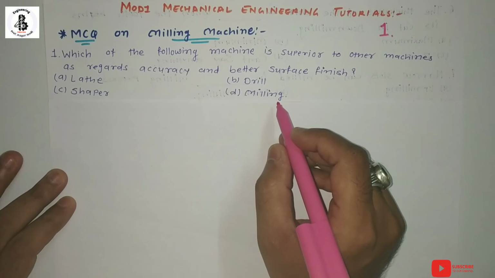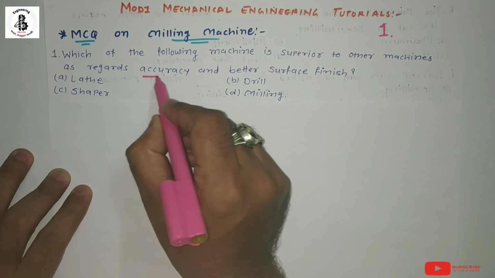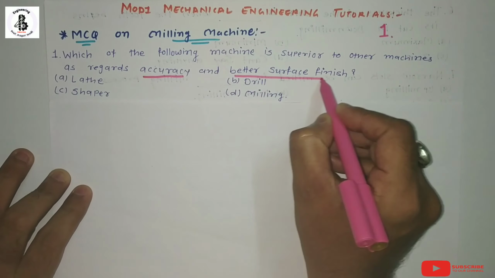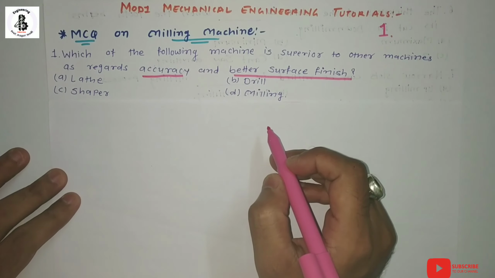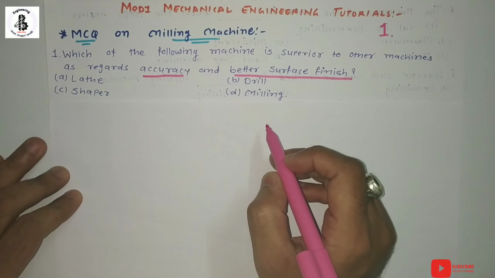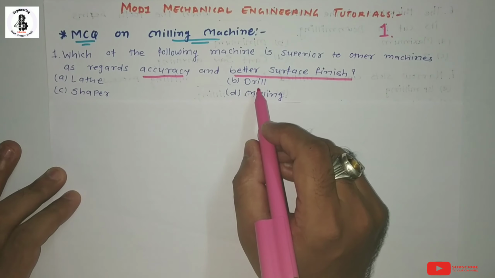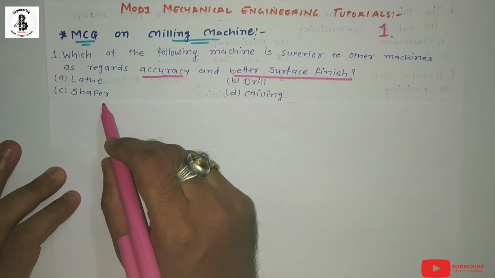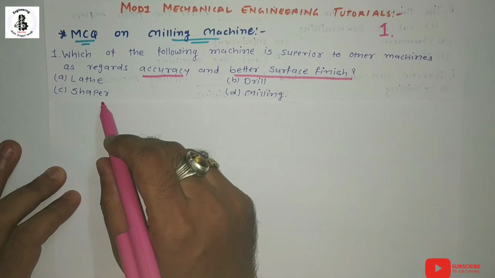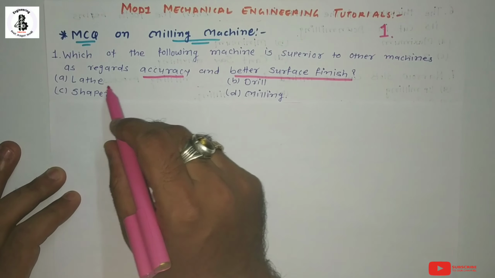So basically the reason for accuracy and better surface finish is the high degree of requirement by the machines. By the application of lathe it will not be possible, by the application of drill it will also not be possible, by the application of shaper it will also not be possible, because after lathe operations you have to perform some kind of super finishing operations like lapping.